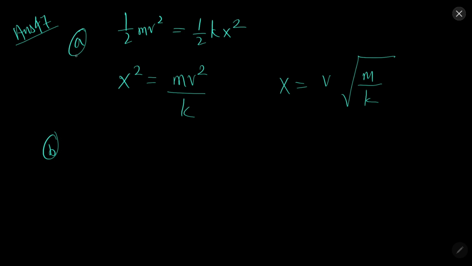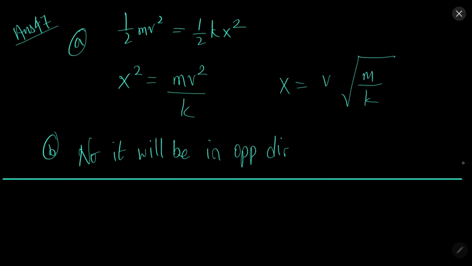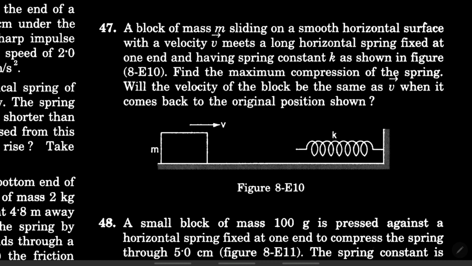This is the a part, and no, it will be in the opposite direction. So the magnitude may be the same but the direction will be opposite, and the magnitude will be a bit less due to the losses in the spring.